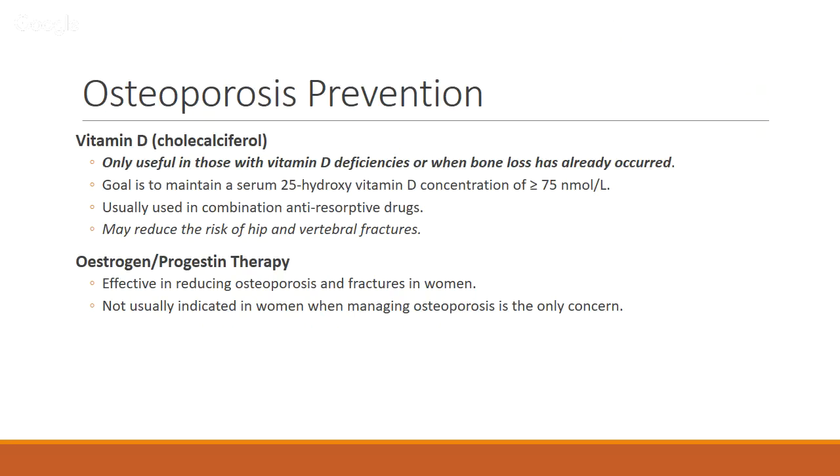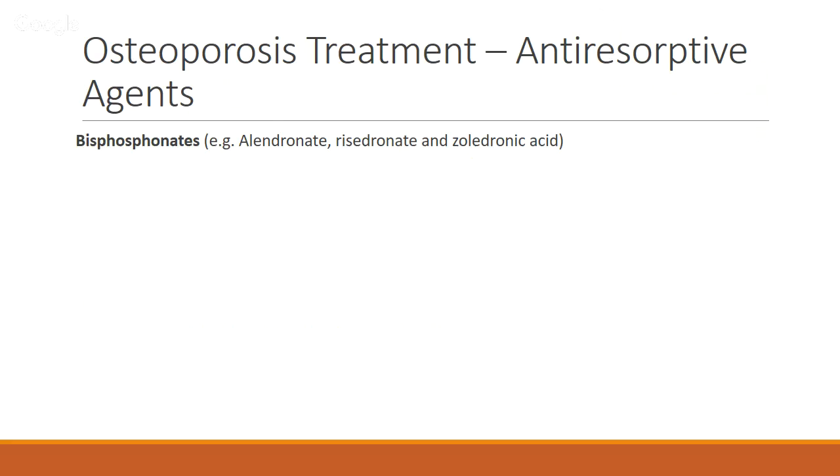You can also give hormone replacement therapy, and you can look through this if you want, but it's not very important. The pharmacological treatment of osteoporosis can be broken down into anti-resorptive or anabolic agents, which are drugs that either reduce the breaking down of bone or increase the deposition of bone.